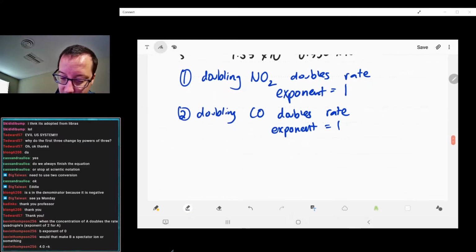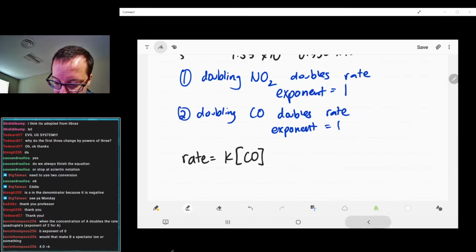Therefore, our rate law is going to be K times the concentration of each one raised to the first power. So let's go ahead and solve for K. Let's do that. Why not?